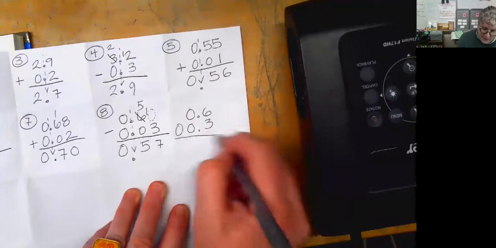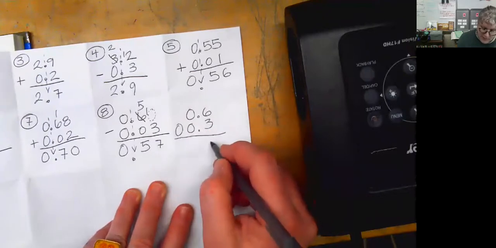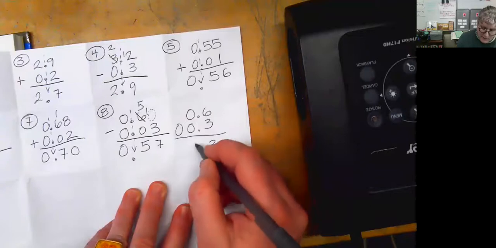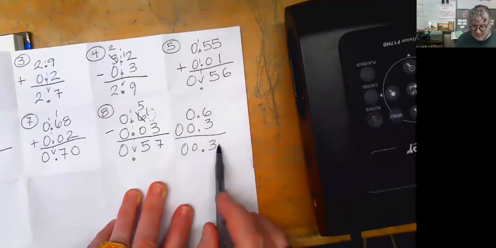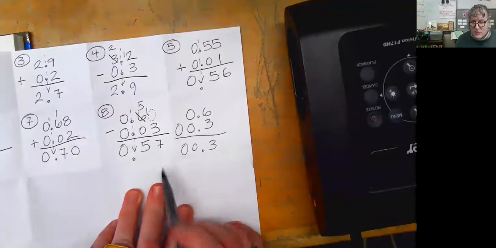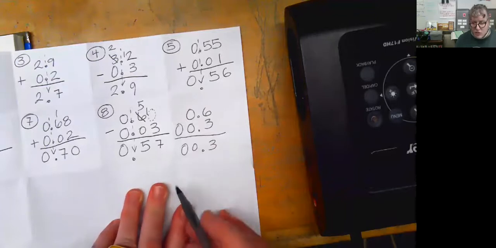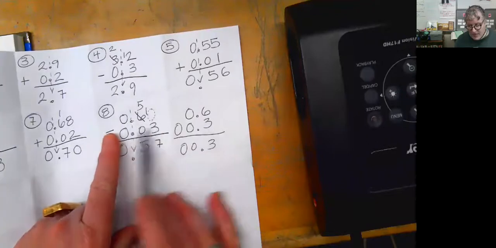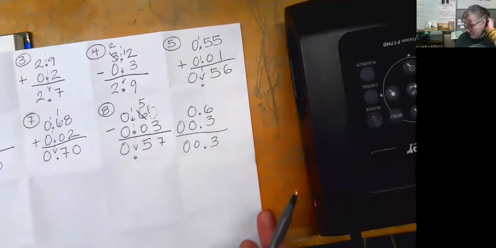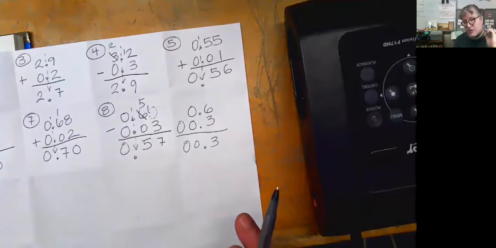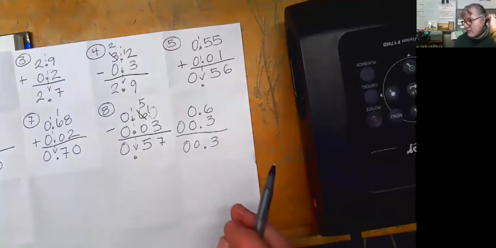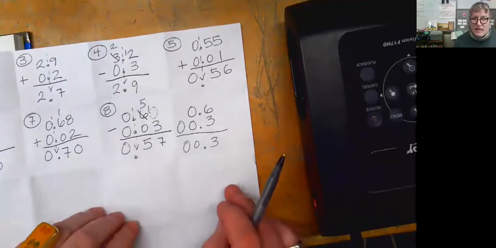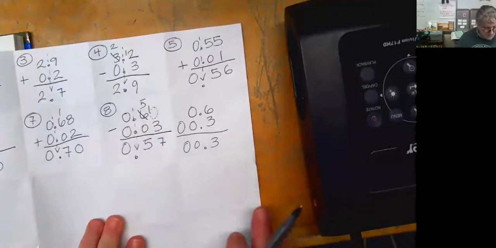If I went like this and subtracted it, that would be 3/10, and that's not even close to being the right answer. So you have to make sure that you line the decimals up when you're stacking them, so that in case you're subtracting 100th from a 10th, it makes sense and you get the correct answer.